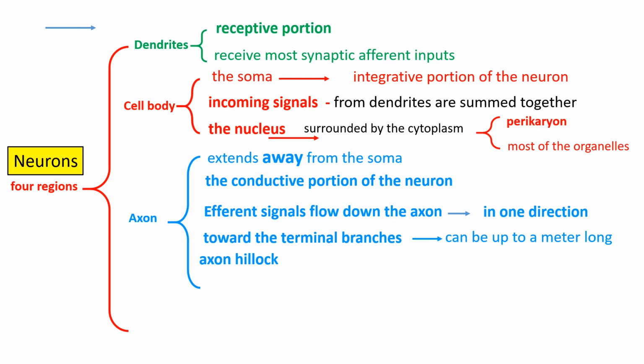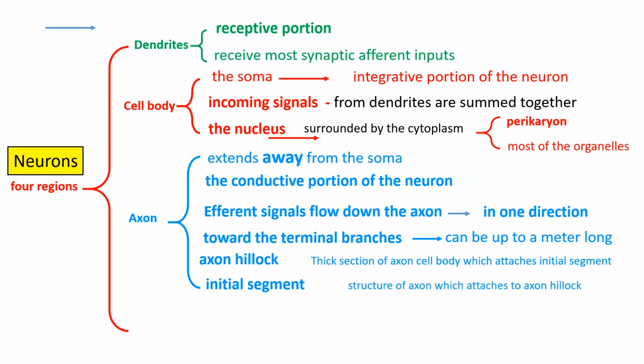The axon hillock, the cone-shaped very beginning of the axon, contains no Nissl granules, and that is how we identify a process as an axon. The part of the axon very near the cell body is called the initial segment of an axon. It attaches to the axon hillock.